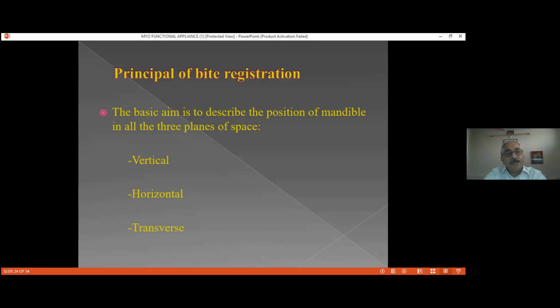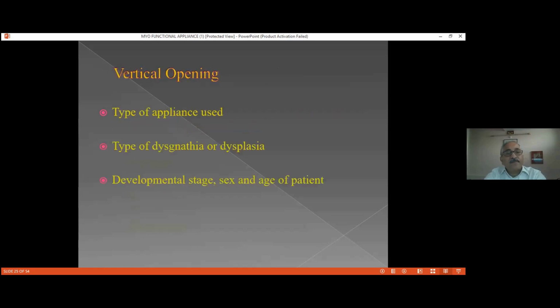This is done by registering a proper bite. The basic aim is to describe the position of the mandible in all 3 planes, that is vertical, horizontal, as well as transverse.